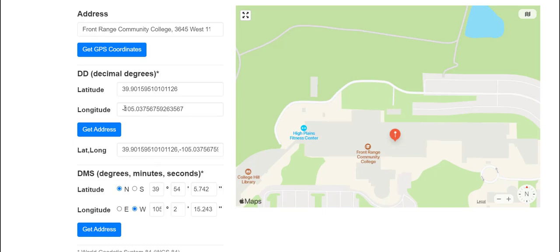Likewise, instead of saying that we're at a longitude of minus 105 degrees, we're going to be 105 degrees west. But what I want to talk about is the decimal degrees. Rather than saying decimal 0.037 degrees, we're going to say that's 2 minutes followed by an additional 15 seconds.